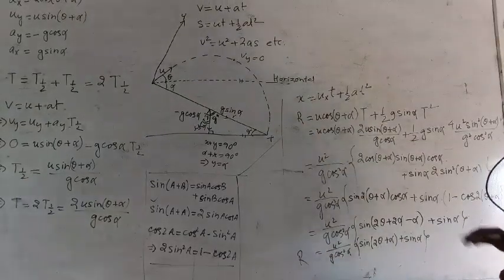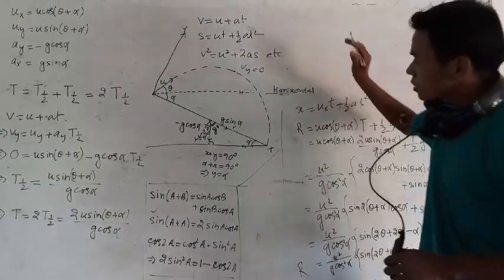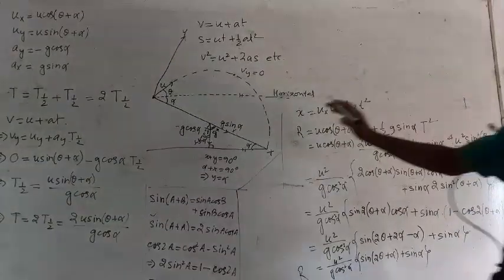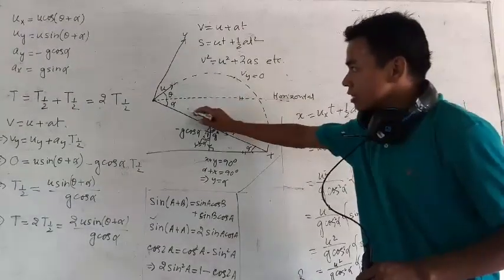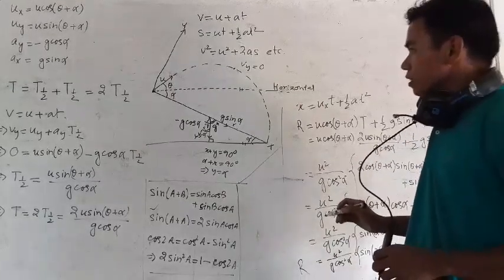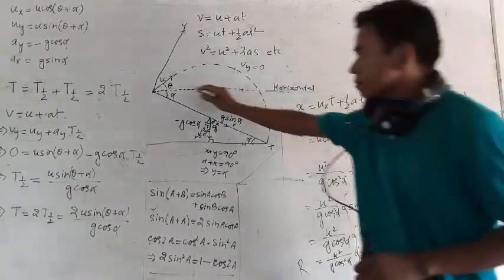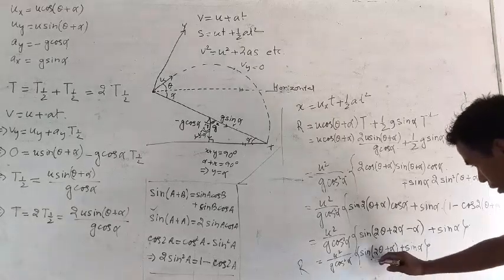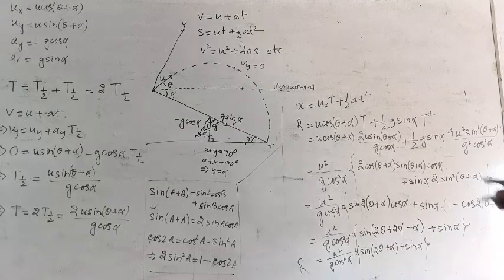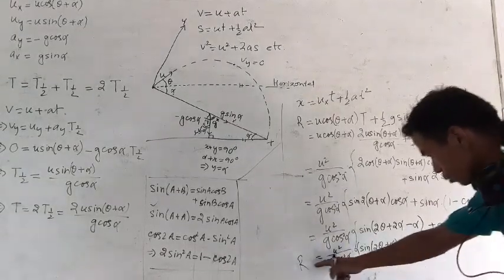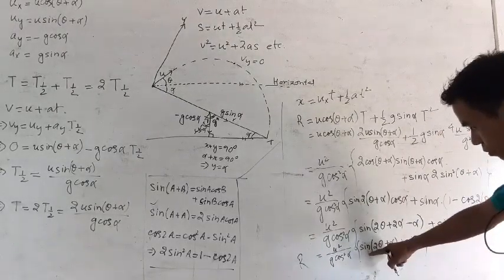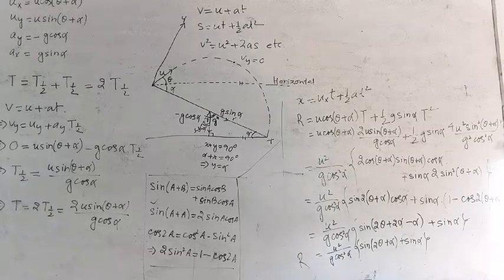The maximum range tells us under what condition the range should be maximum. For an inclined plane, this angle of inclination α is constant. Therefore the variable can be θ, in the sin(2θ + α) term. The range will be maximum only when this sine function gives its maximum value, that is when its value is equal to 1.